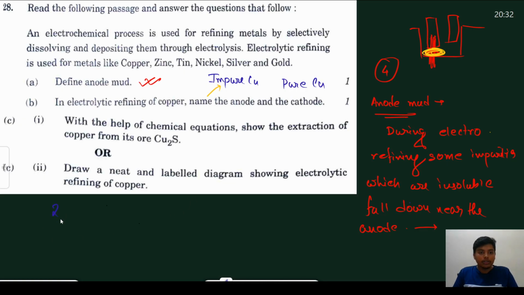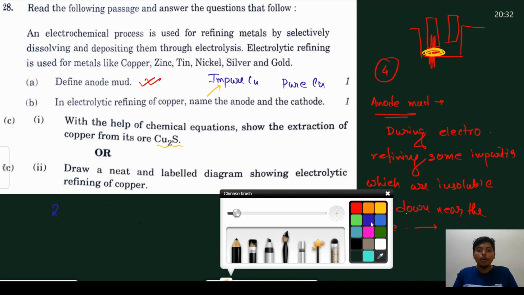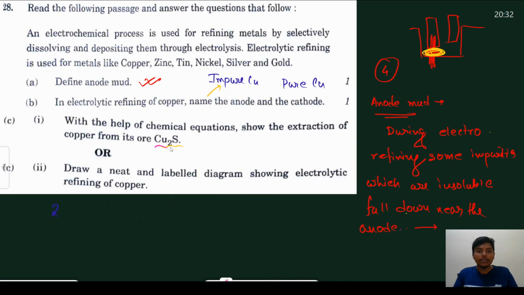Next, with the help of chemical equation, show the extraction of copper from Cu2S. So we know, see, this is very important. Copper sulfide, Cu2S. Copper is a low reactive metal. Because Cu2S is a low reactive metal ore, first we have to do roasting and convert it into copper oxide, Cu2O plus 2SO2.